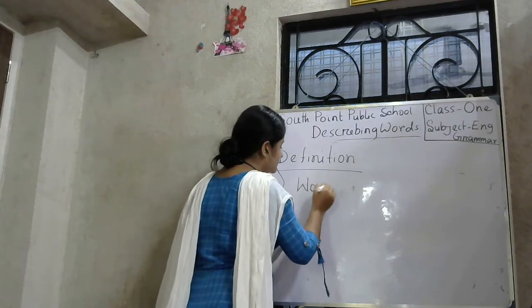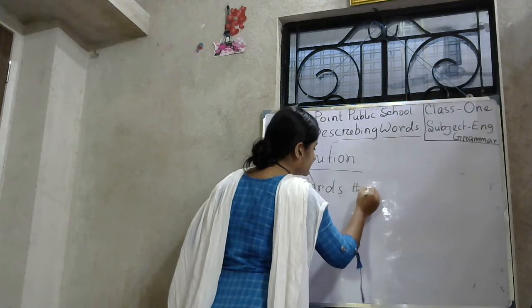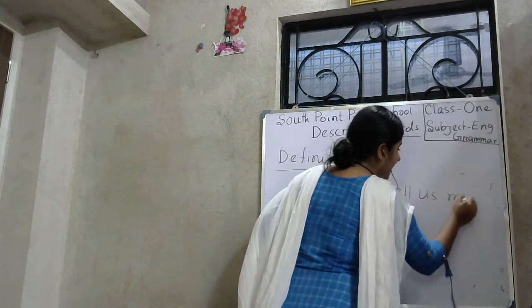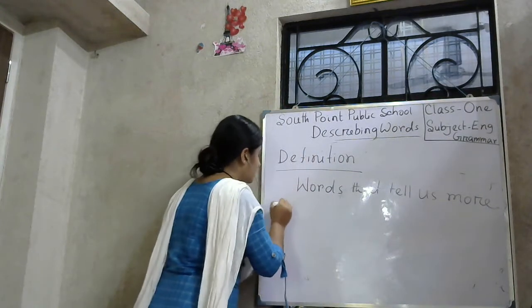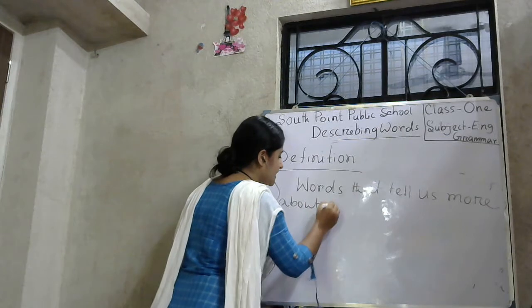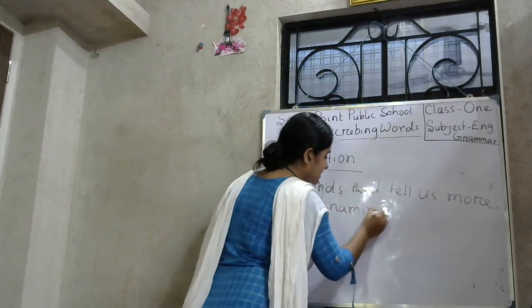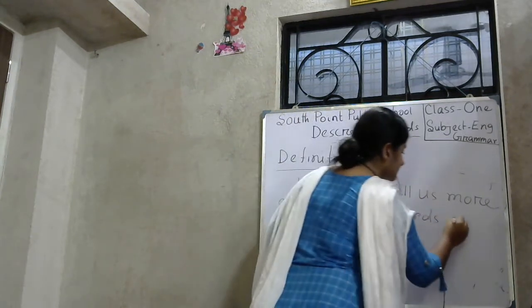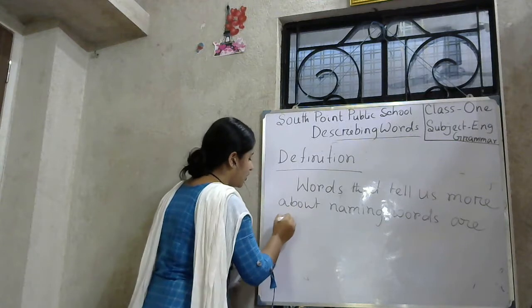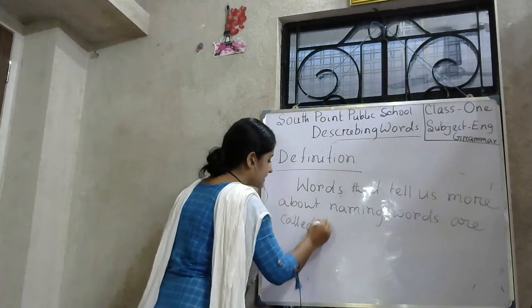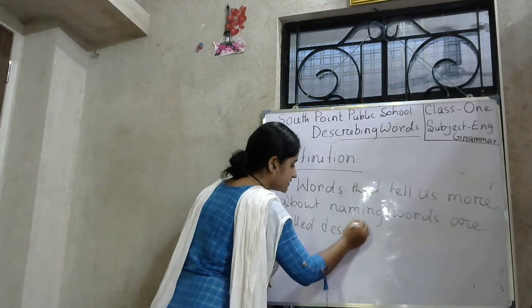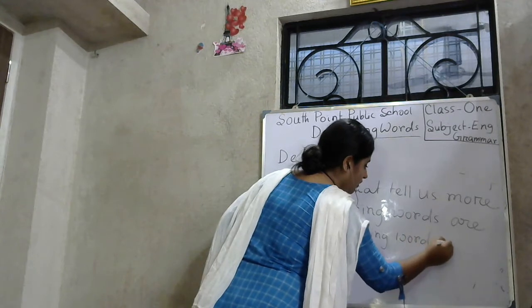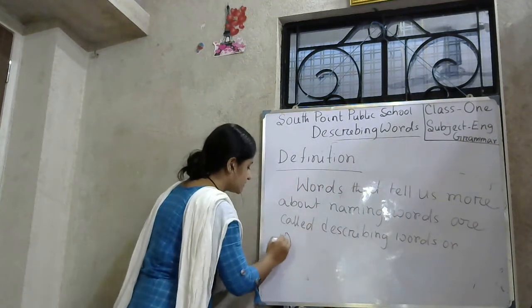Words that tell us more about naming words are called describing words or adjectives.